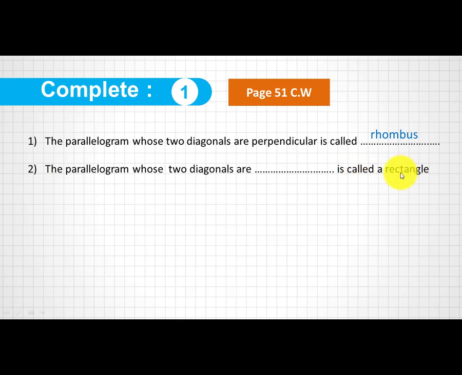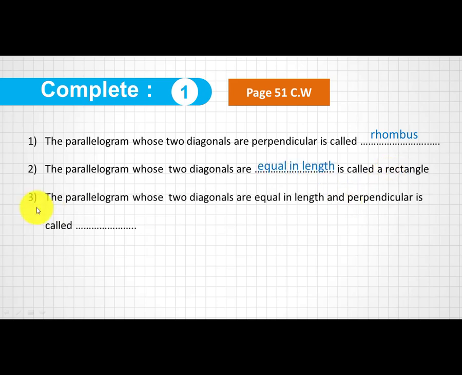Rectangle, its diagonals what? Yes, equal in length. Number 3, the parallelogram whose two diagonals are equal in length and perpendicular is what? Yes, square.